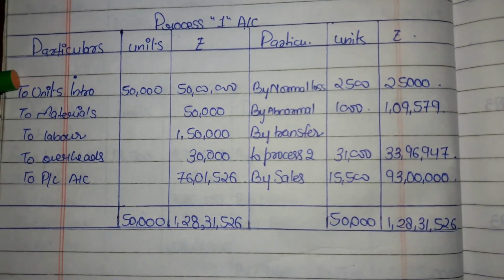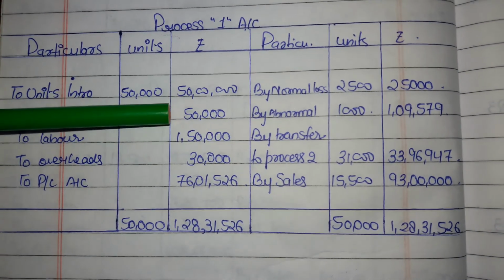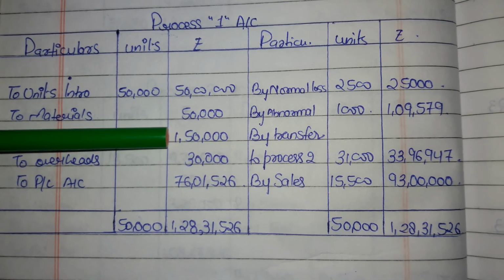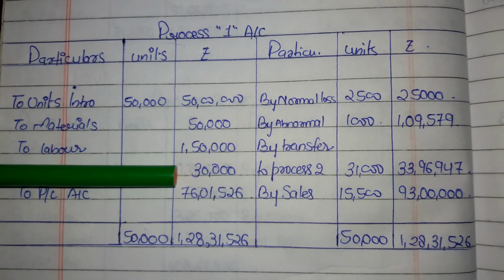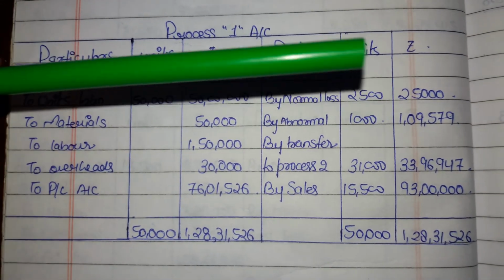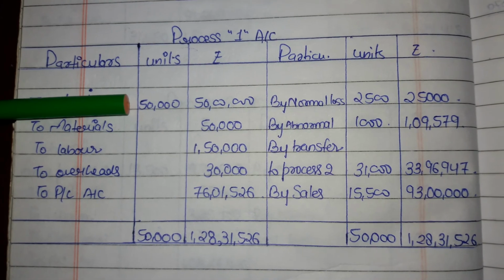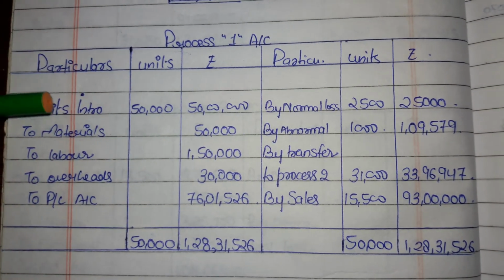So how do you calculate the total cost? That is 50 lakh plus 50,000 plus 1,50,000 plus 30,000, and the scrap value will be 25,000, then units introduced 50,000, and normal loss units 2,500.